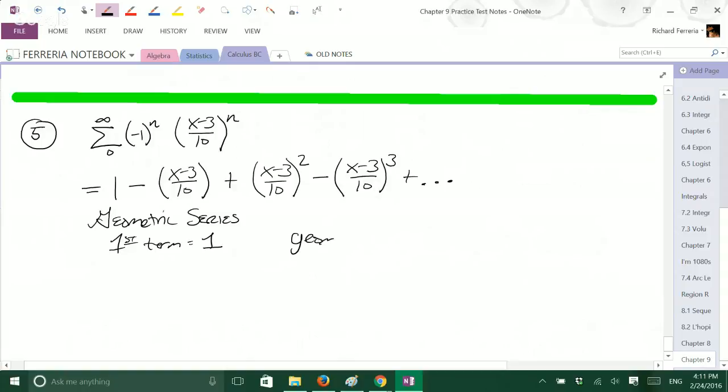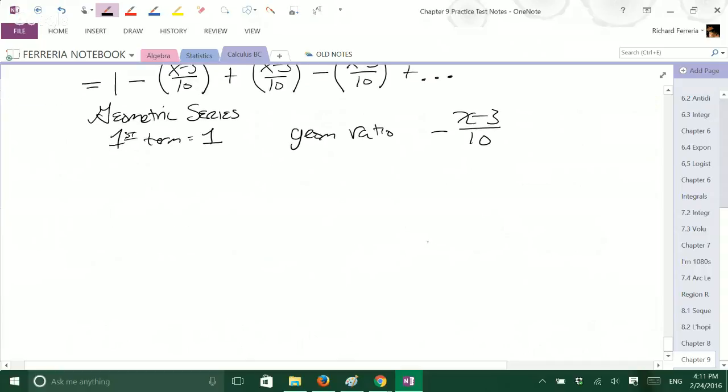The geometric ratio is negative x minus 3 over 10. So all we need to do is figure out where this converges. And as a geometric series, you know that the absolute value of the ratio must be exclusively less than 1 for convergence.